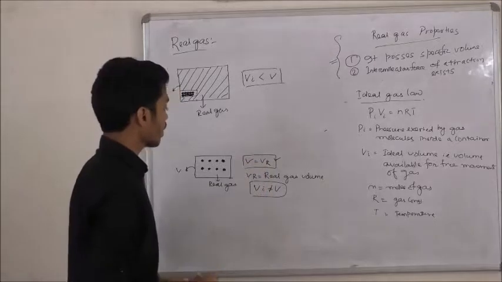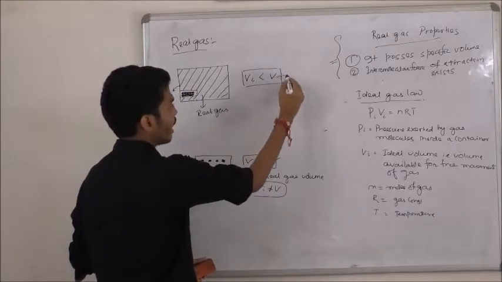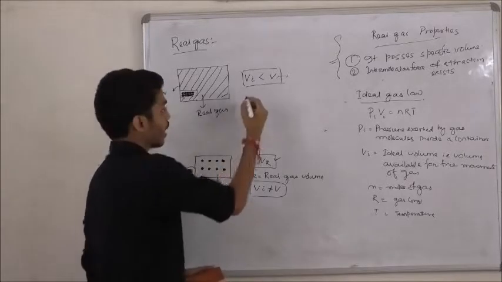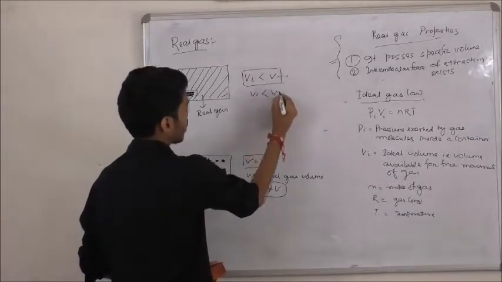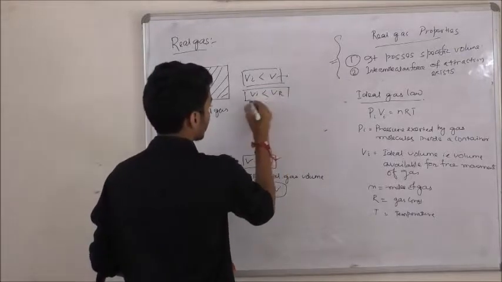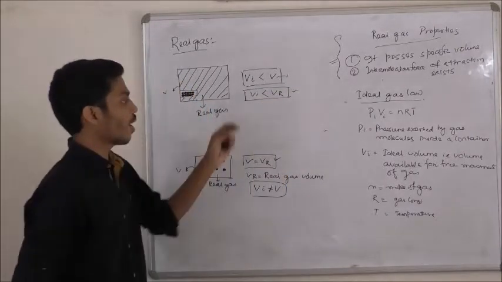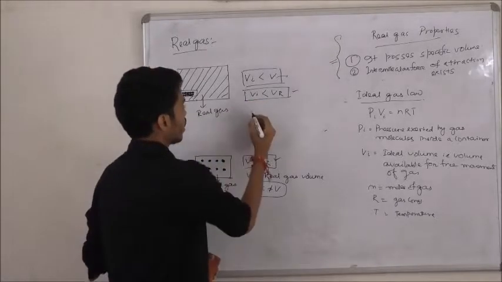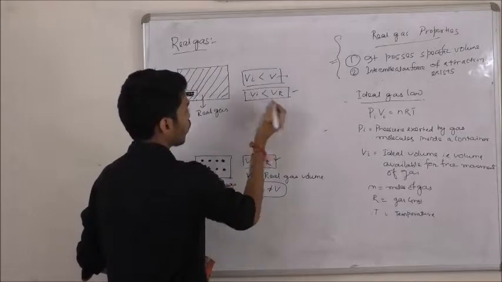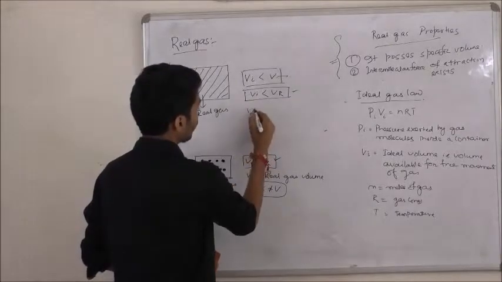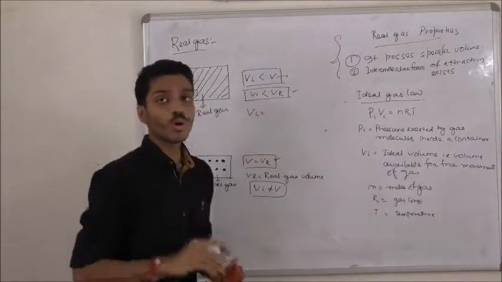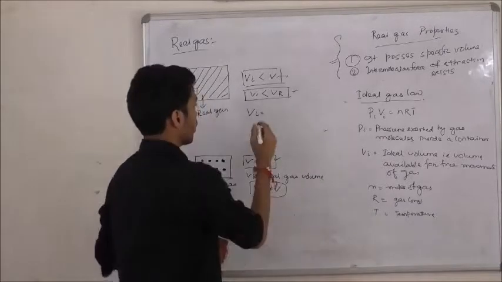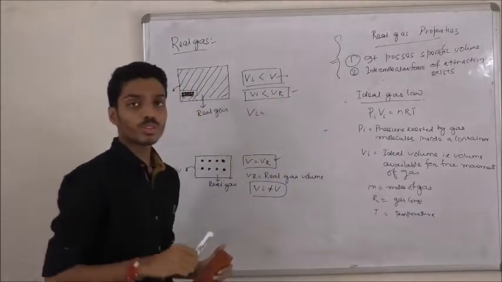So here also you can write, since V equals VR in case of real gas, we can write Vi is less than VR. So what we found is that ideal volume is less than real volume. So to get ideal volume, we need to subtract some volume from the real volume, because real volume is the bigger term here.